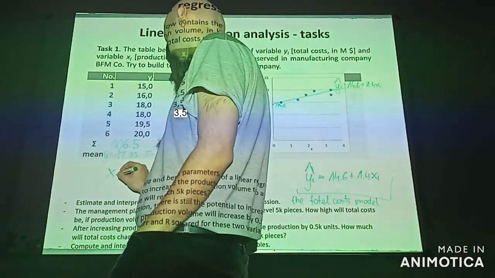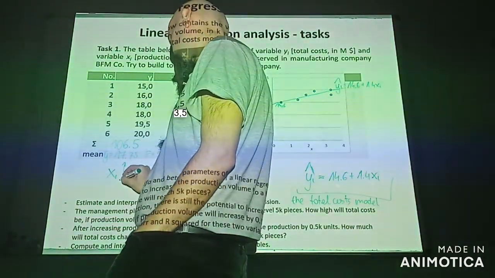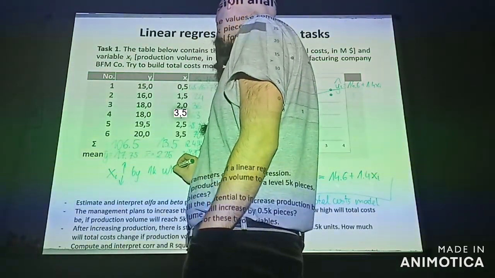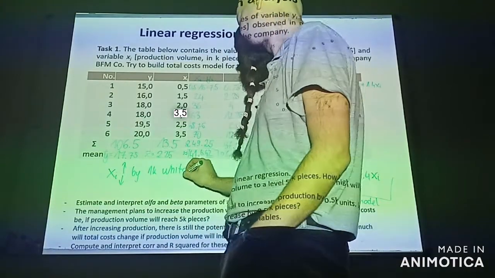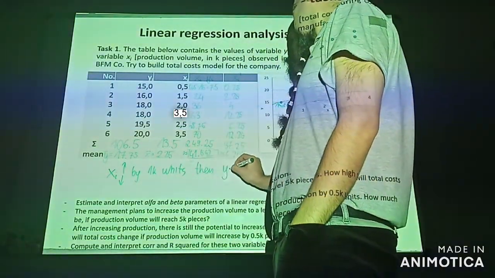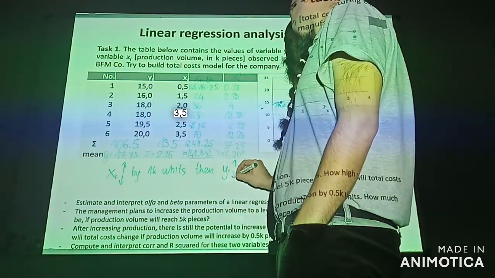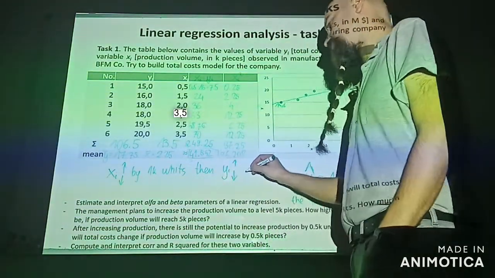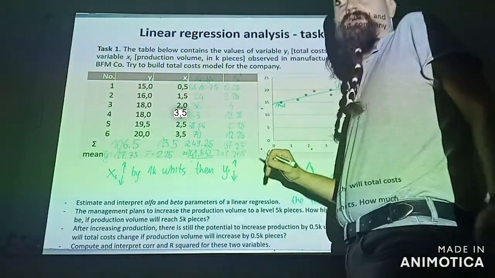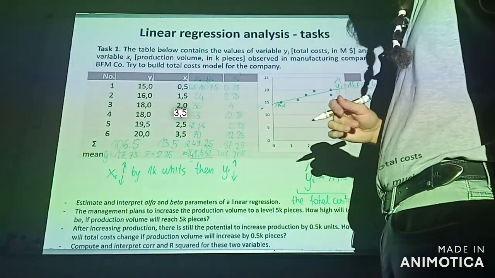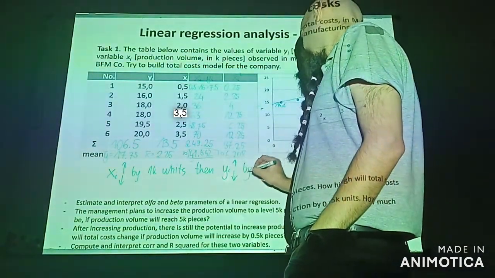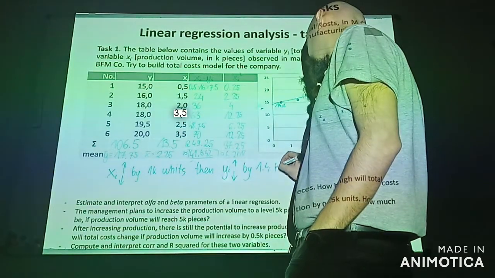If production volume increases or decreases by 1,000 units or pieces, then total costs increase or decrease in the same direction, because we have a positive correlation between the variables, by $1.4 million.